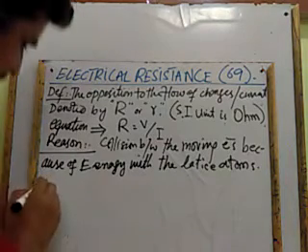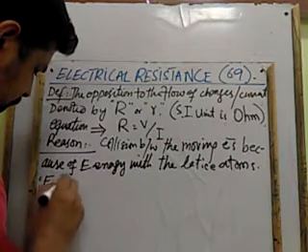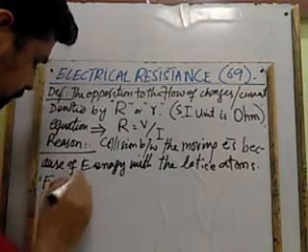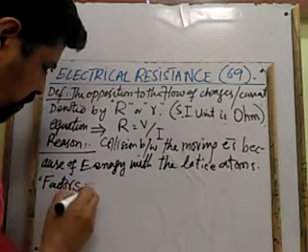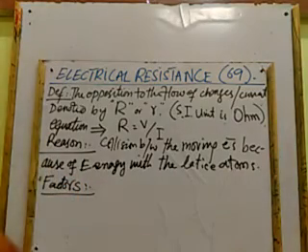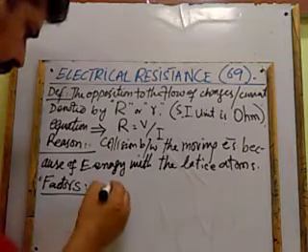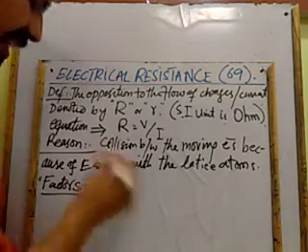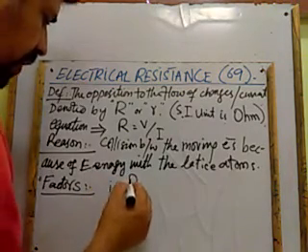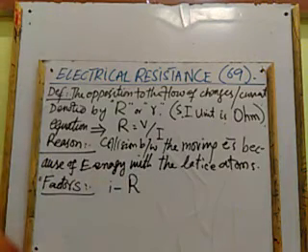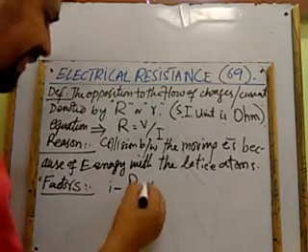Now, what are the factors upon which resistance depends? Factors affecting resistance. Numerically, mathematically, by experiment, one aspect of the conductor which increases or decreases its resistance is the length of the conductor.